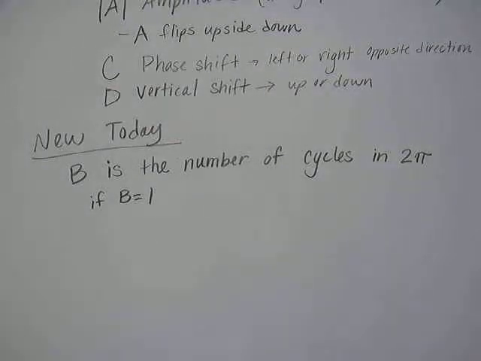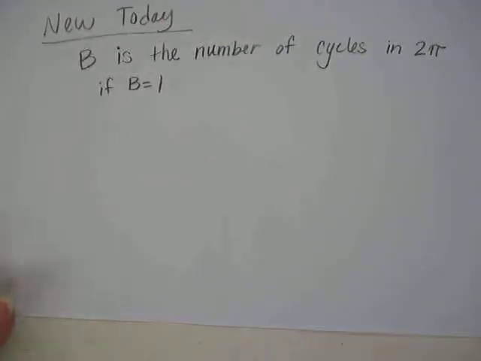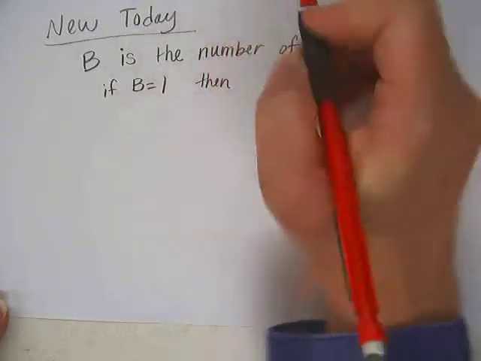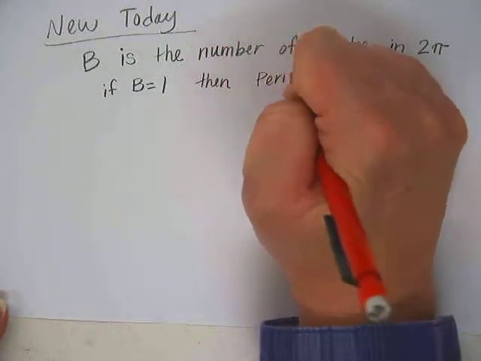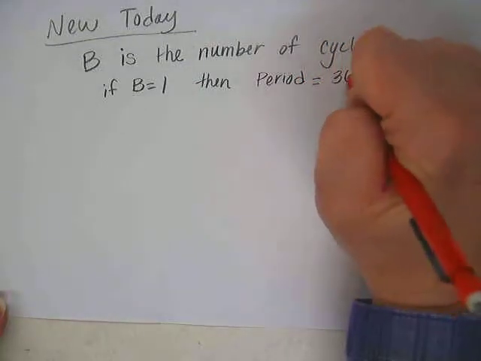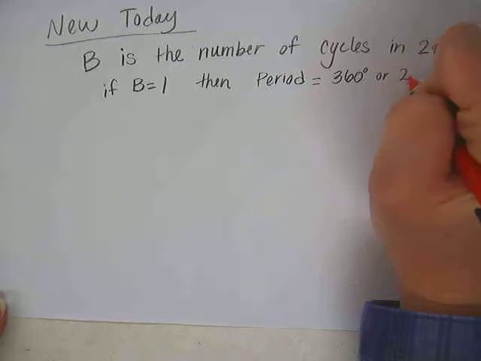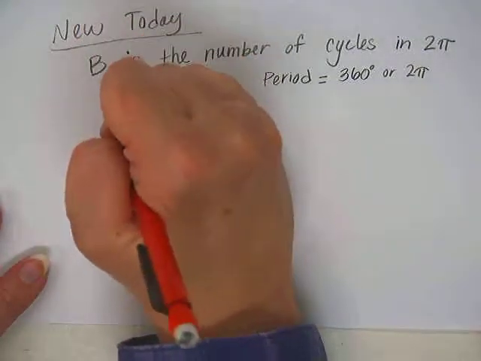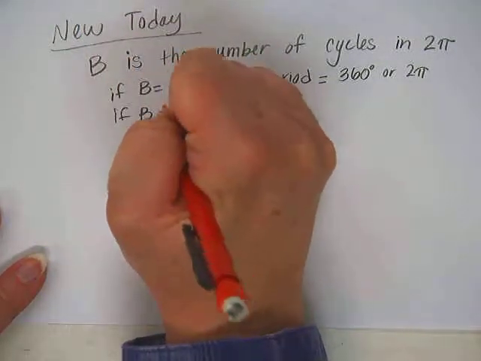So, if B equals 1, and when B equals 1, do we even write it in there? No. So all of the problems we were just barely doing on the examples, b was 1, so it didn't change anything. So if b equals 1, then the period of those graphs was what? 360 or 2 pi, because that's how often it repeated.